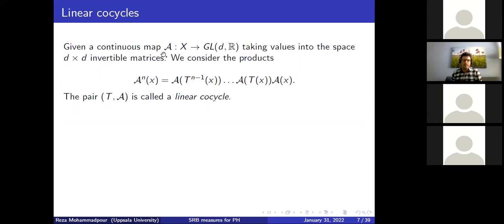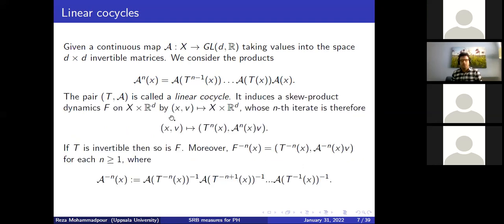Given a continuous map A from X to invertible matrices, we consider A^n(x) equal to A(T^{n-1}x), A(T^{n-2}x), till A(x). The pair (T, A) is called a linear cocycle, which induces a skew product F(x, v) = (Tx, A(x)v).